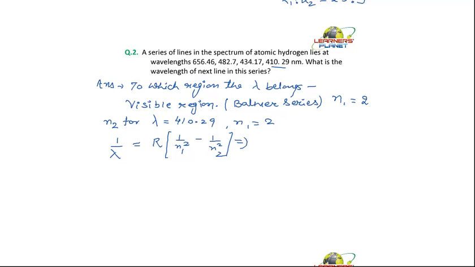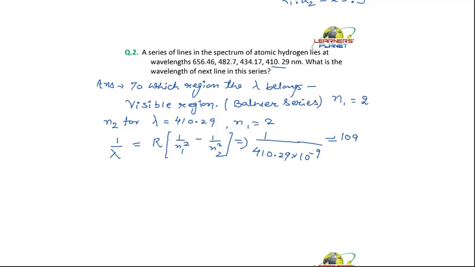Now what is 1 by lambda? Lambda is given here, that is the wavelength 410.29 multiplied by 10 to the power minus 9, and that is equal to the value of R.